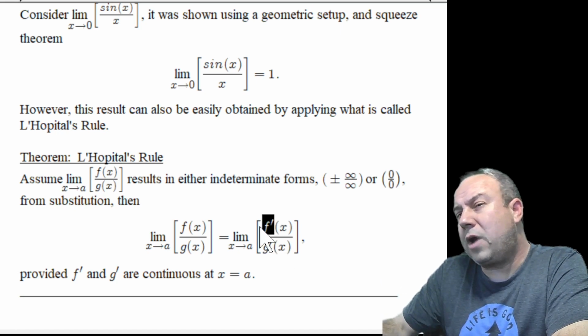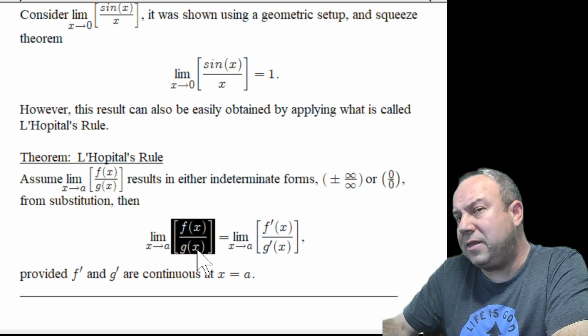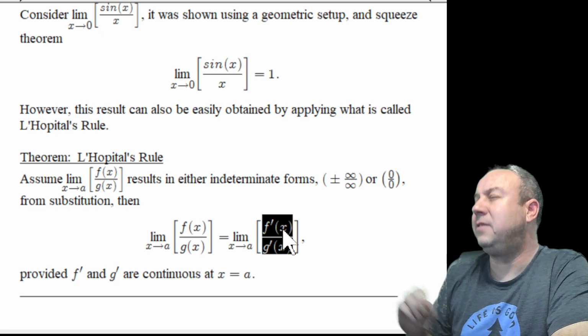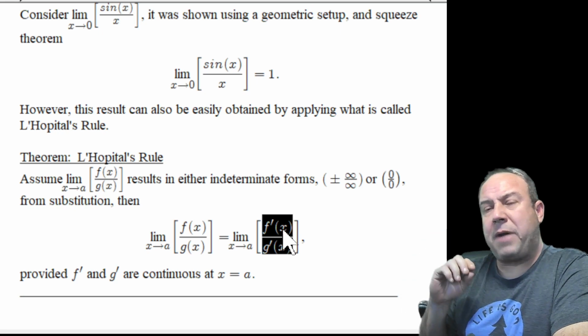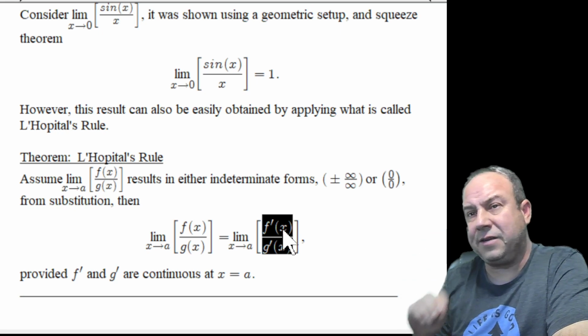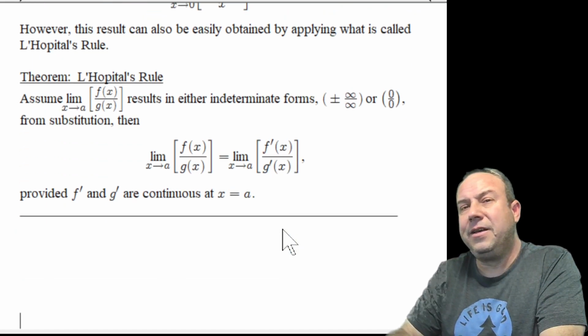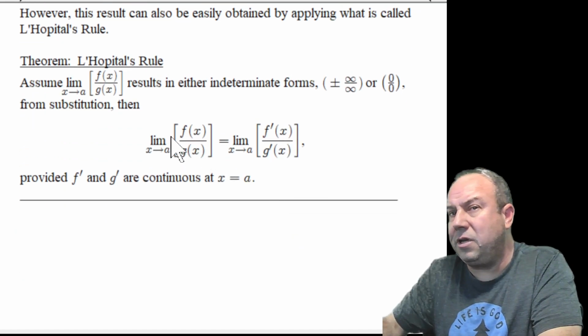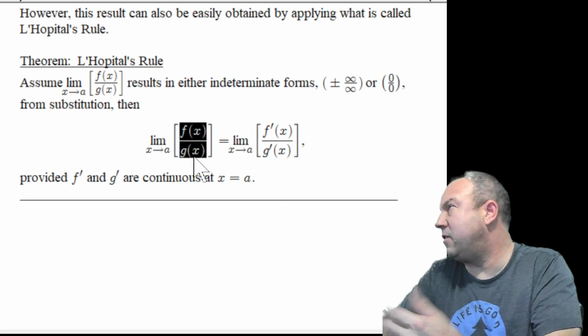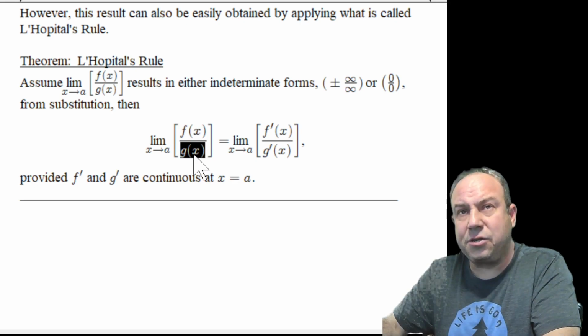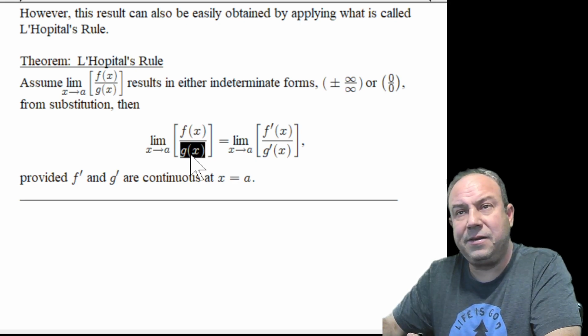We're able to evaluate the limit for this ratio of f of x divided by g of x by looking at the limit for the ratio formed by their derivatives, their rates of change. As I said, all you're really going to need to know how to do is find the derivatives for the numerator and denominator of the rational form in your limit.